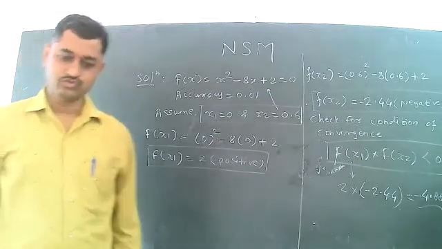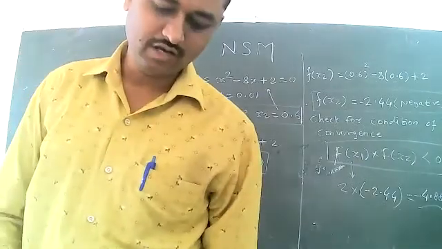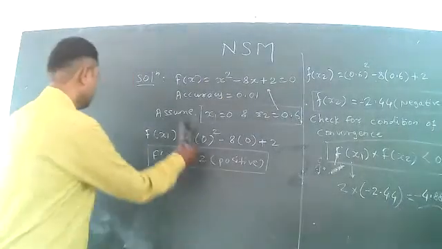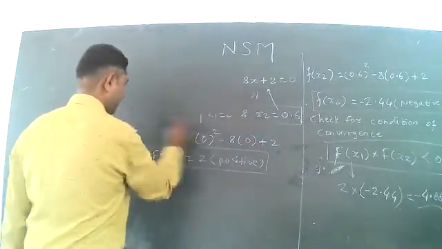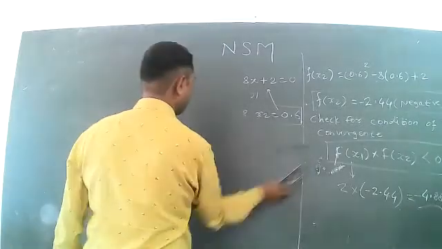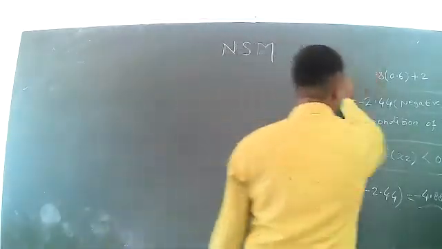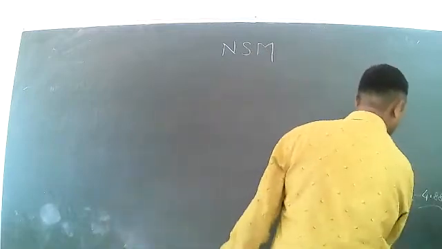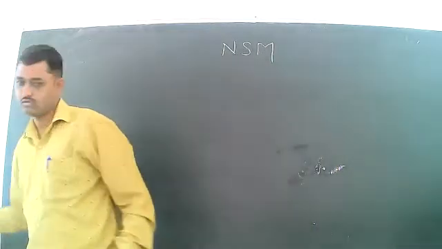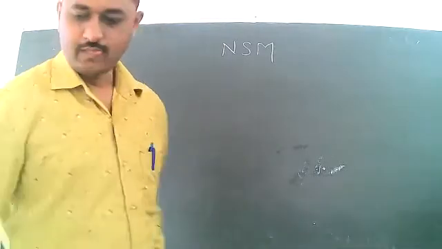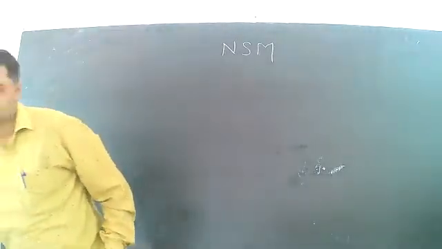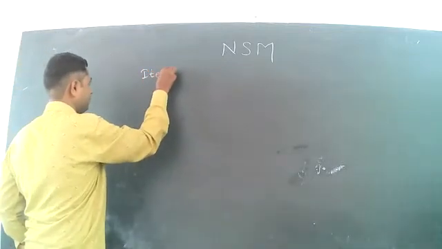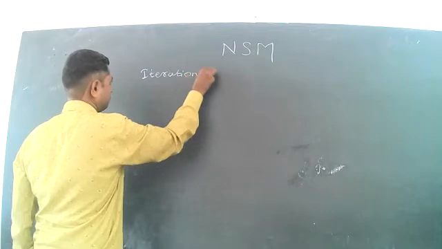The next step is to solve iteration first, based on the accuracy criteria. For the accuracy criteria, the solution is somewhat different from that of the iteration criteria.